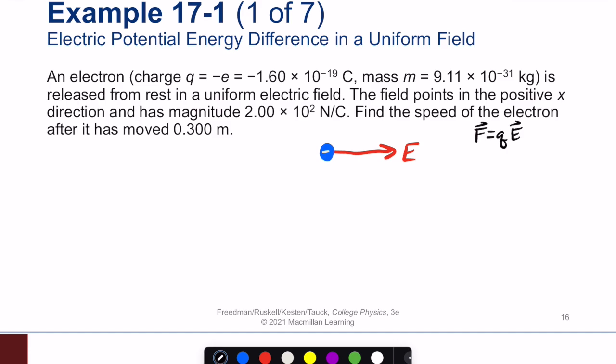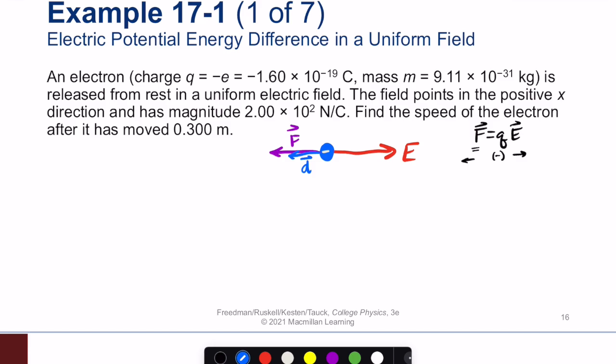If Q is negative, that's going to flip the direction of E and make F in the opposite direction of E. So our force is going this way, and that means our particle is going to be moving to the left. So its displacement vector is also going to be this way.